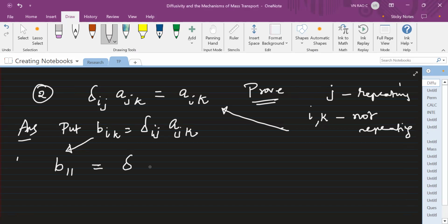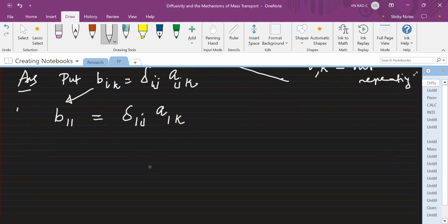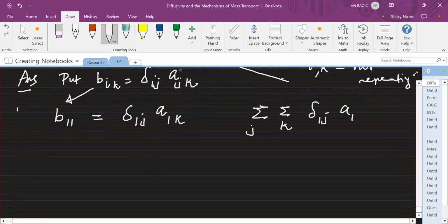Delta 1j a1k. See this, delta 1j a1k. I think it is clear. But from the summation convention, this is actually nothing but sigma j sigma k delta 1j a1k.